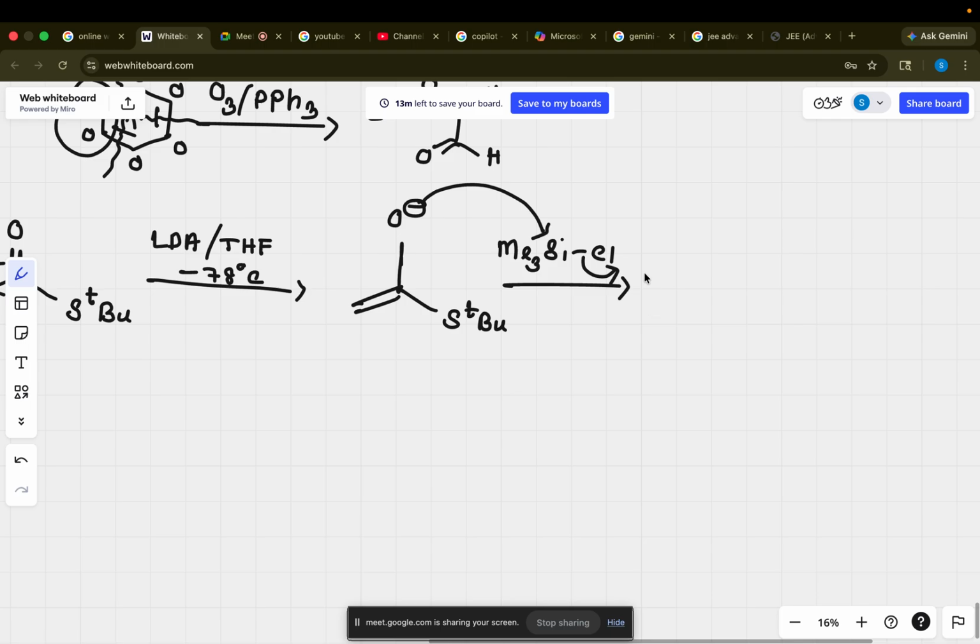So you write it down. What you are getting: double bond here, you have O Si Me3, and here you have tertiary butyl. This thing you are getting, right?